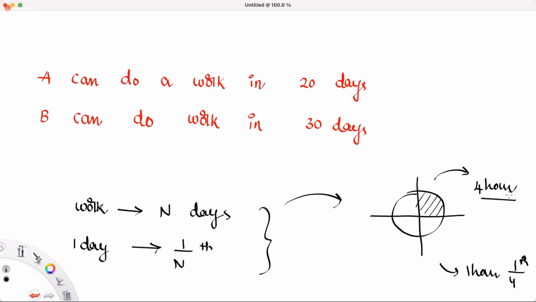So how can we use that point in solving the answer choice? You might have a question. Let me discuss that. A can do an entire work in 20 days is a given statement.